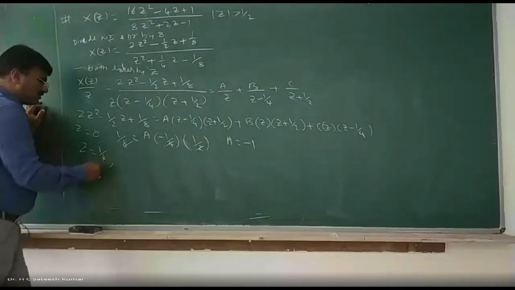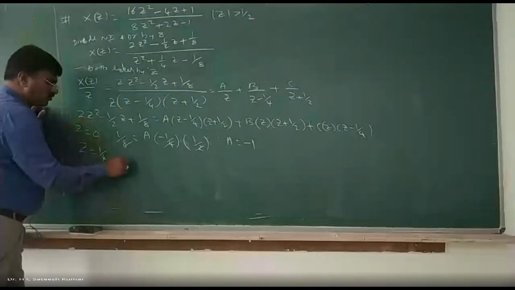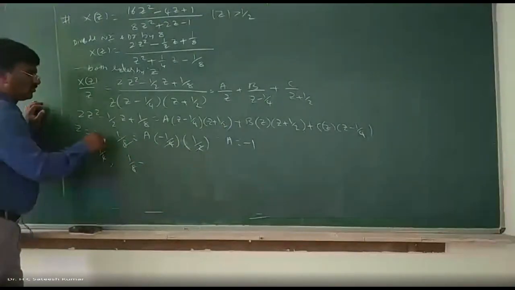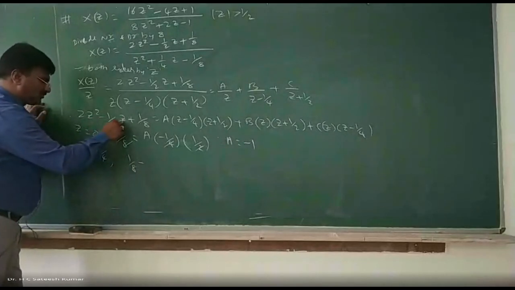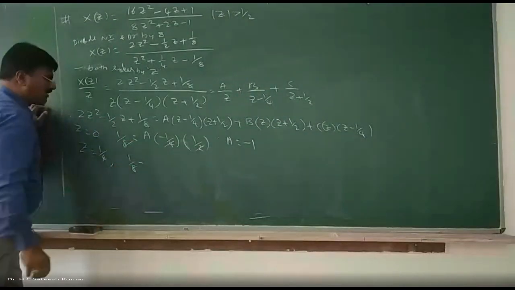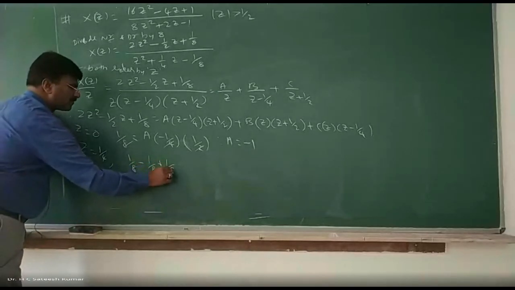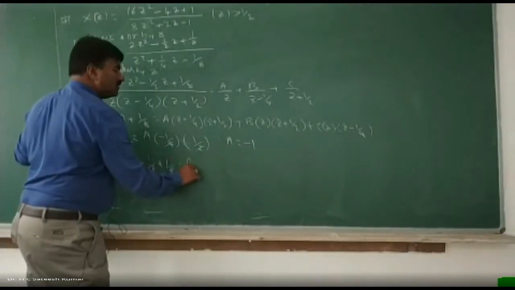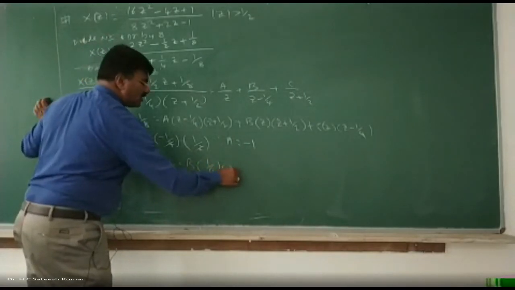So we can write it, I'll write it so that you can add it. 1 by 16 into 2 is 1 by 8, minus 1 by 2 into 1 by 4, is minus 1 by 8, plus 1 by 8, is equal to b into 1 by 4 into 1 by 4 plus 1 by 2, which is 3 by 4.